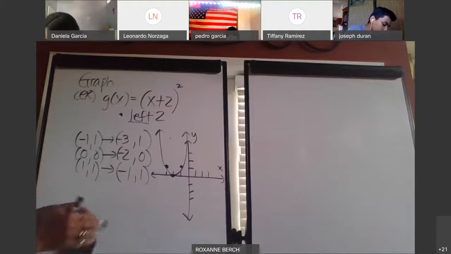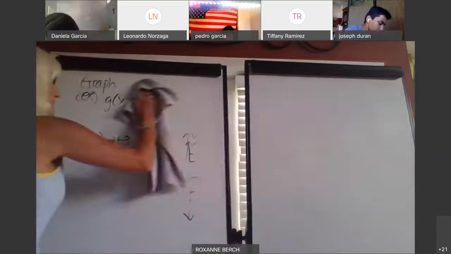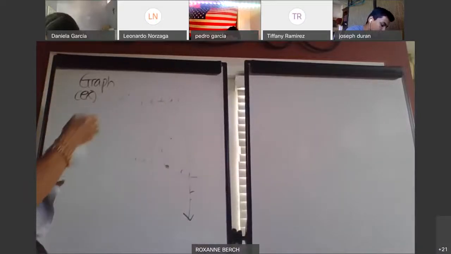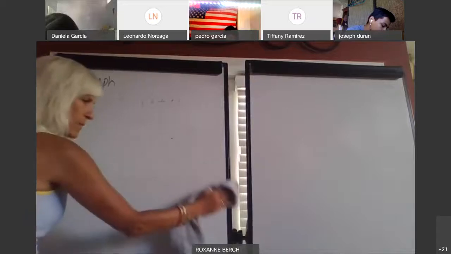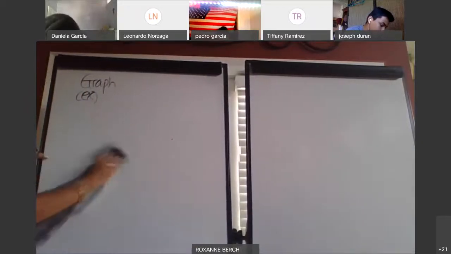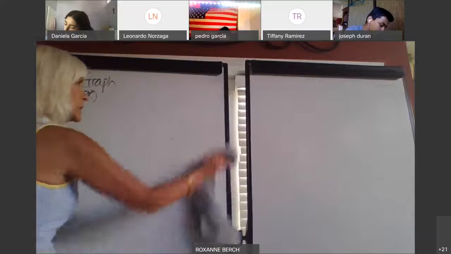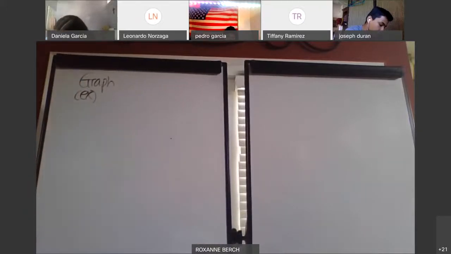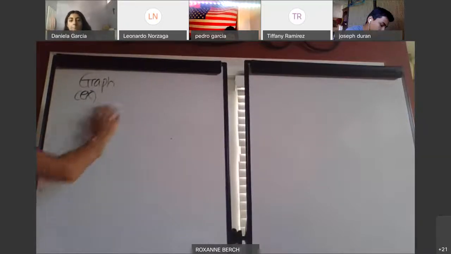Let's do something more complicated now. So we like transformations. We don't have to do an input-output table. These are quick graphs. When they're in the form that I gave you, we can graph almost in our head what's going on. This one is a little bit more tricky because there's more than one step to it.